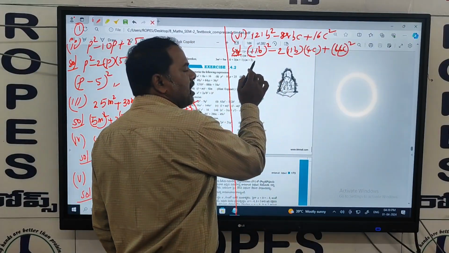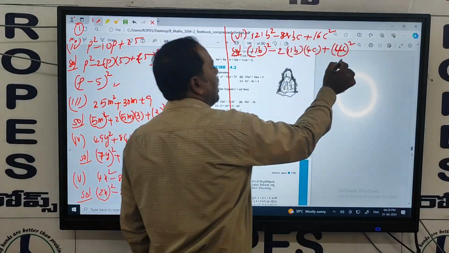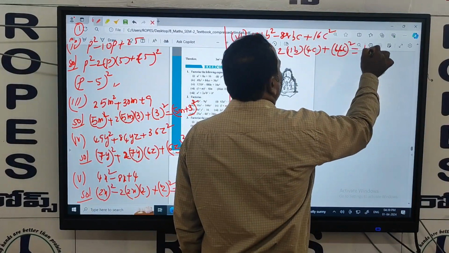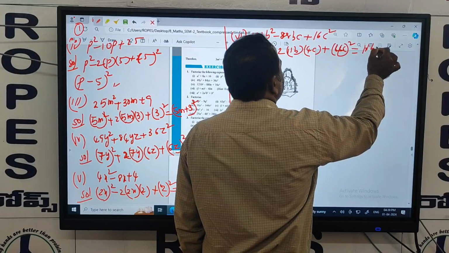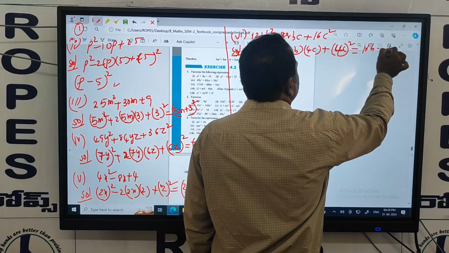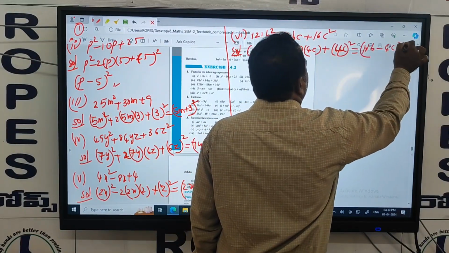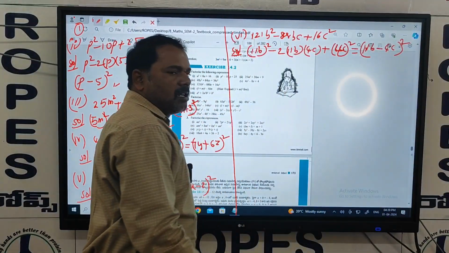Thus it is in the form of a square minus 2ab plus b square. In the place of a, 11b is there, and in the place of b, 4c is there. So (11b minus 4c) whole square we can write.